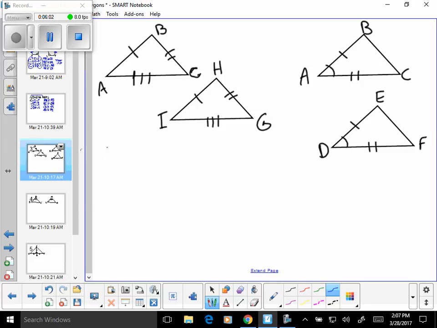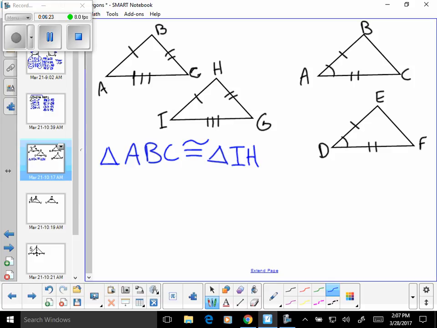Therefore, I can say that triangle ABC is congruent to triangle. Notice that we do have a symbol for triangle. We don't for quadrilateral. Now here I'm going to have to match it up. Line segment AB matches up to IH.